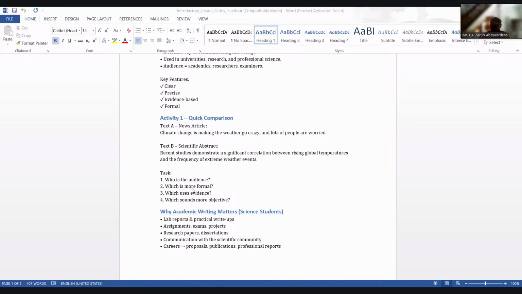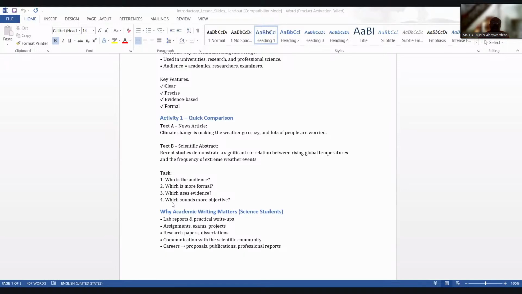Right? Which one is more formal? I have already discussed. The second one is more formal. Because the first one includes words and phrases and the language used in day-to-day life. Right? Which uses evidence? The second one. What is the evidence? Recent studies.